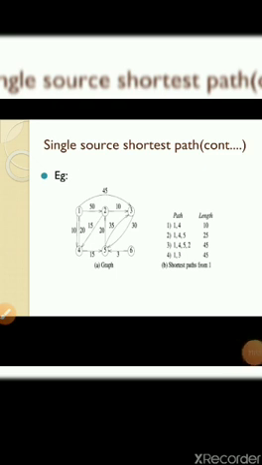The right hand side data on the screen shows the shortest path from 1.